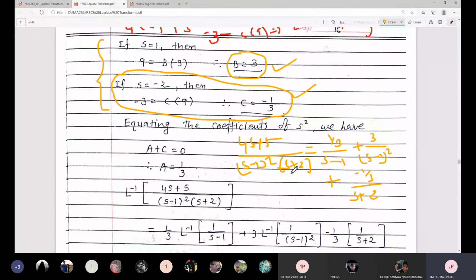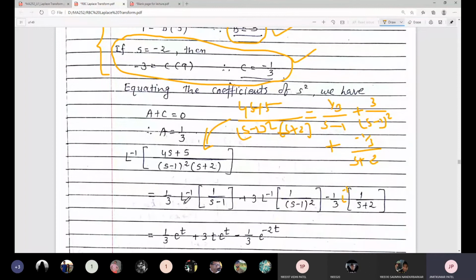Okay. Now if you apply Laplace inverse on both sides, then what we get? Laplace inverse of left hand side equals Laplace inverse of right hand side. If you use the linearity property, then we get 1 by 3 Laplace inverse of 1 upon s minus 1, plus 3 into Laplace inverse of 1 upon (s minus 1) whole square, minus 1 by 3 Laplace inverse of 1 by s plus 2.